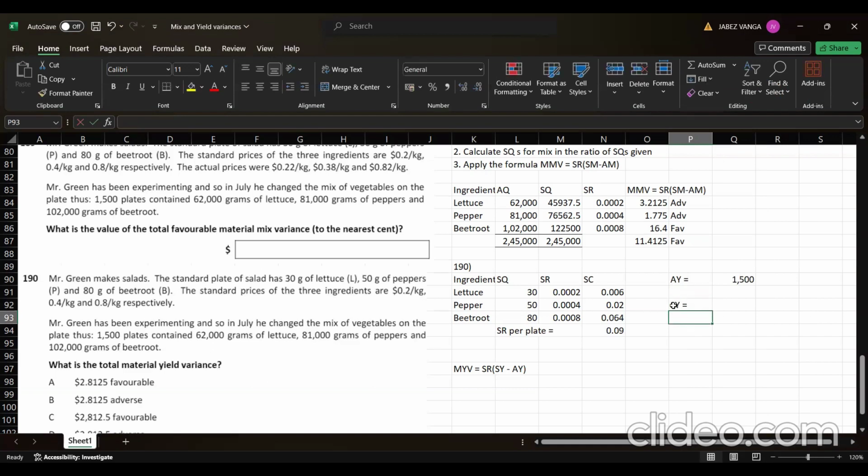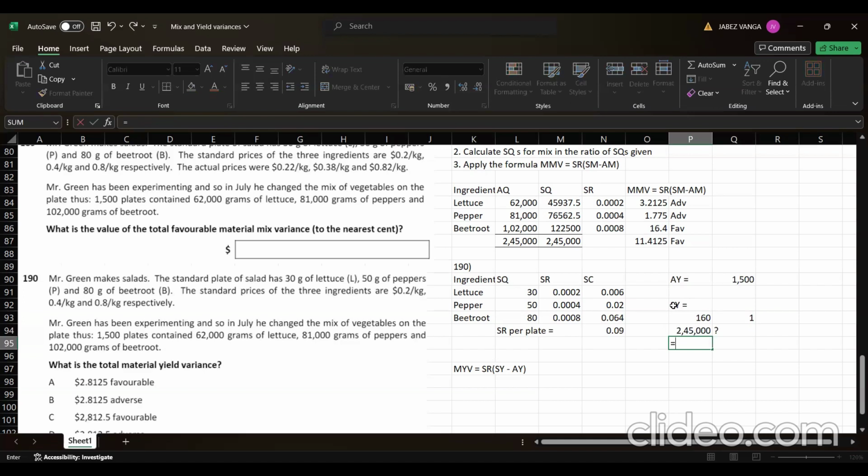We see that 30 plus 50 plus 80 comes out to be 160. So with 160 grams, one plate can be made. Now with 245,000 grams, how many plates can be made?